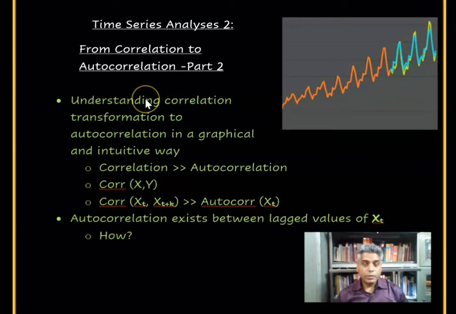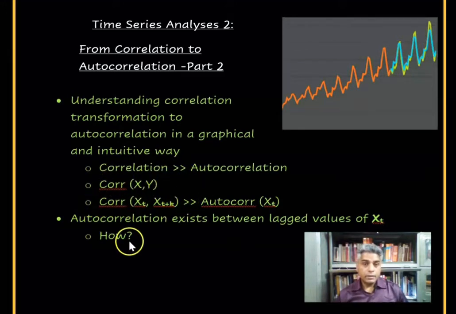Now in this video, part 2 of correlation to autocorrelation, we'll try to understand how correlation transforms to autocorrelation in a graphical and intuitive way. Specifically, we'll get a feel of what correlation between two variables x and y looks like.